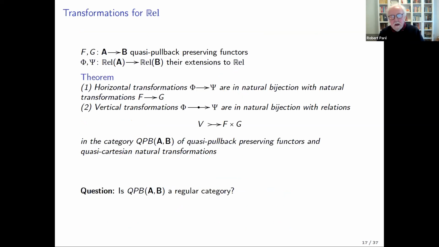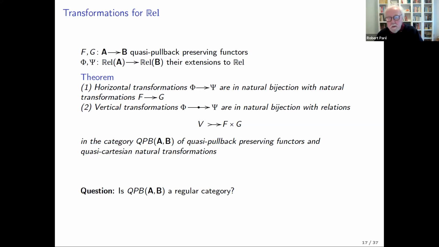So now let's look at what these are in terms of Rel. Okay, so if you have two quasi-pullback preserving functors, then they extend to double functors between the double categories of relations. And the horizontal transformations are just natural transformations.